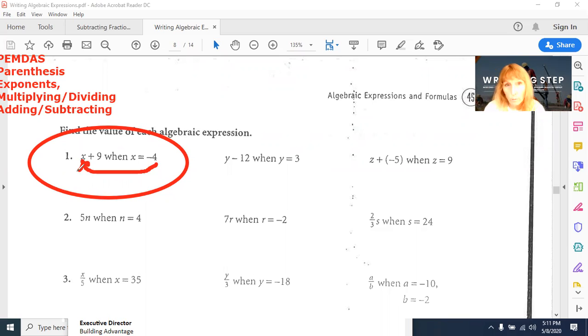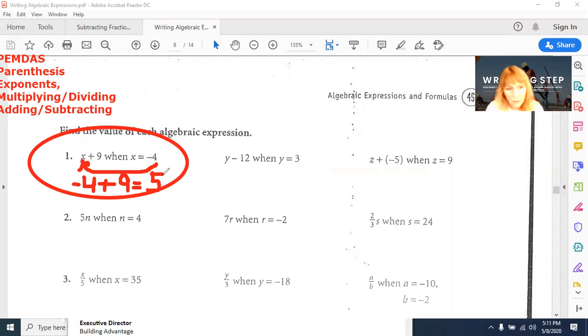So you just got to remember your rules. So we have a -4 plus a +9. That's like saying you owe somebody $4, but you have 9 in your pocket. How much are you going to have left in your pocket? 5, right? It's really 9 minus 4. So the answer to that is 5.